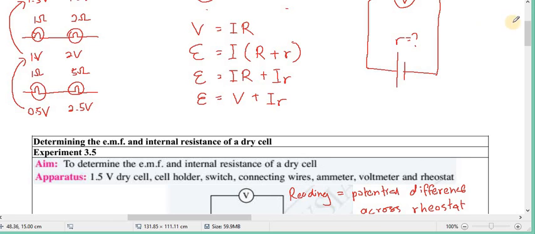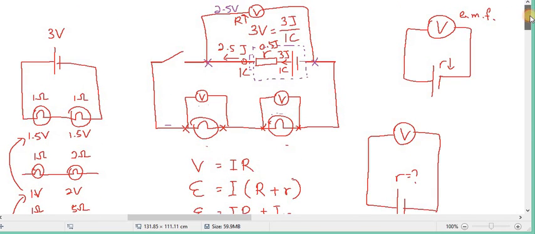You see, you look at this circuit. When this is disconnected, just now we said that the reading will be equal to the EMF, because the resistance of the voltmeter is very big.